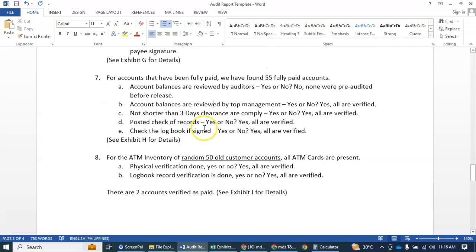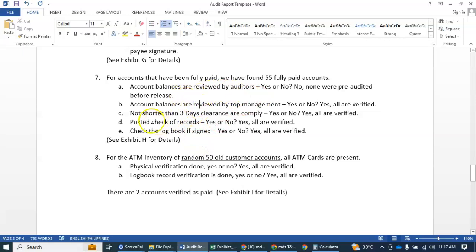Sometimes there are cases where customers' ATM cards are released and they are declared fully paid, but there were mistakes in the computation, so the company was not able to collect the amount. It might be collected later, but it will take time. So that's why they verify from the audit if they are correctly computed.